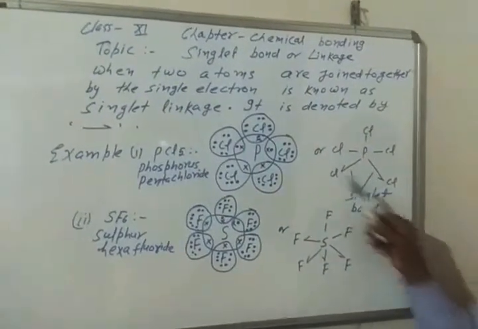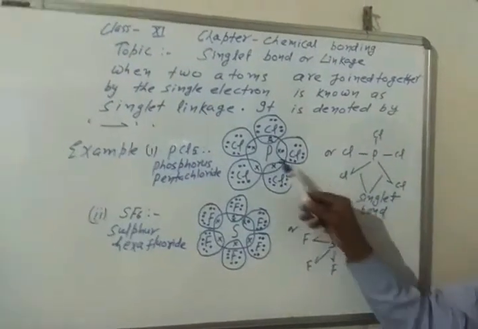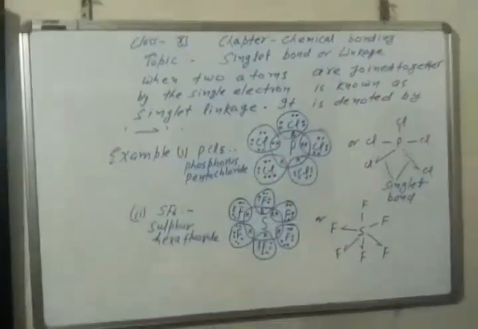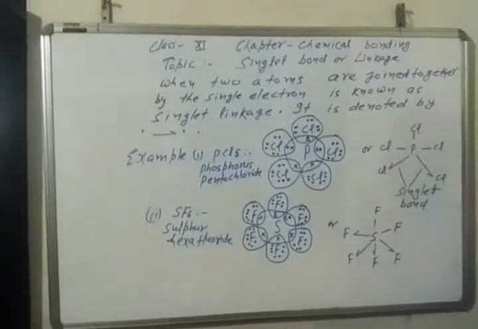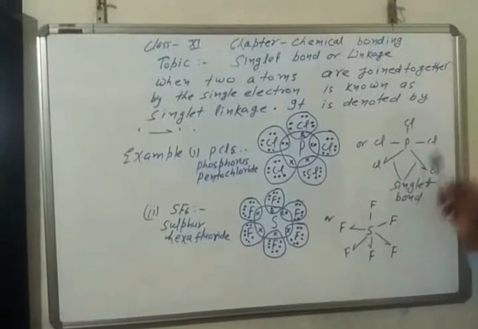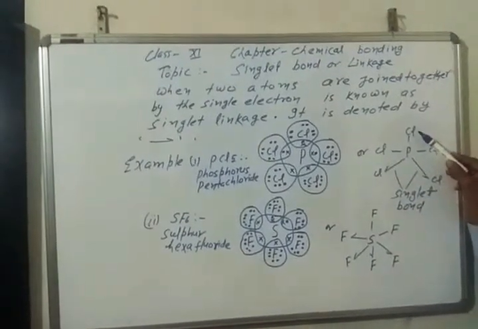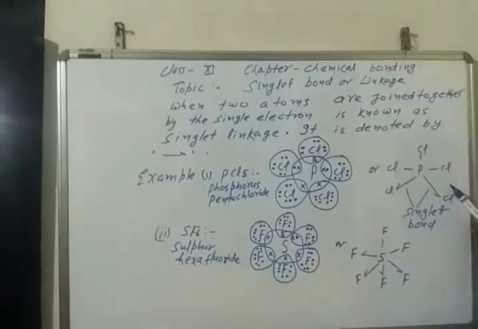In this way, in the phosphorus atom there are 8 electrons in the valency shell, and the chlorine atoms also require 8 electrons in their valency shell. So the structure of phosphorus pentachloride is in such a way, and it is correct.